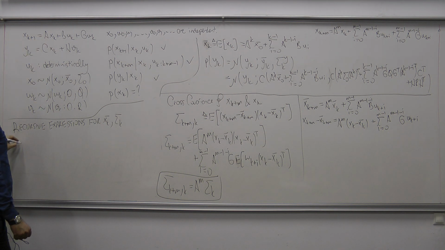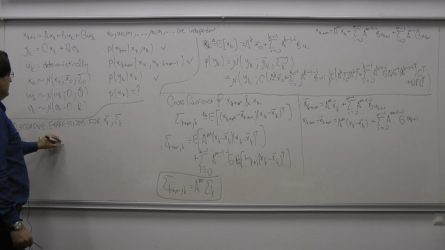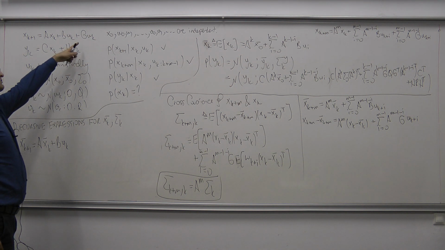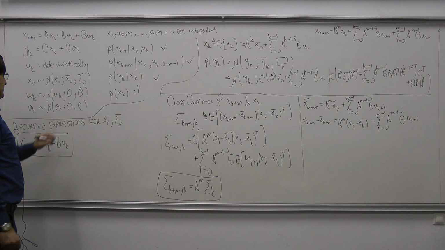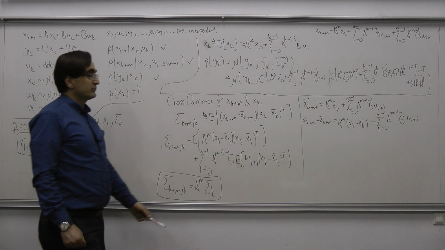In that case, it's going to be xk plus 1 bar is equal to A times xk bar plus B times uk, which is deterministic, so it remains here like this, and the wk expectation is 0. So this is our recursive expression for the mean of the state. So we see that the mean evolves deterministically with the input uk. Here the mean is not affected by the amount of process noise at all.